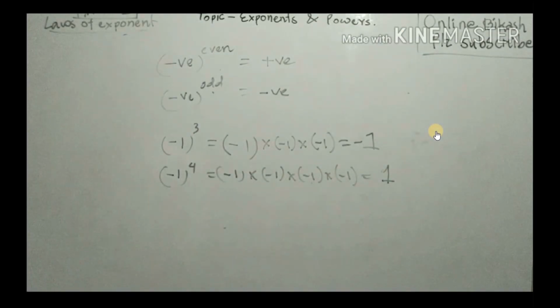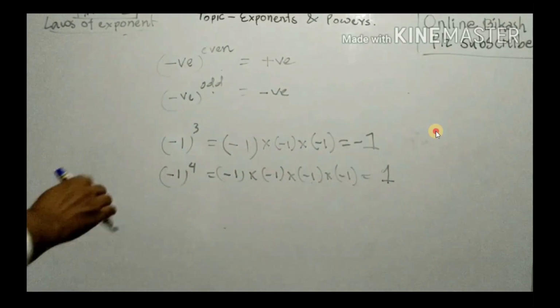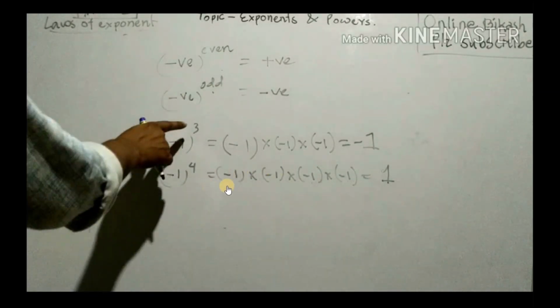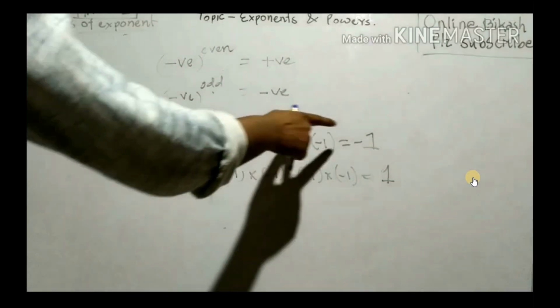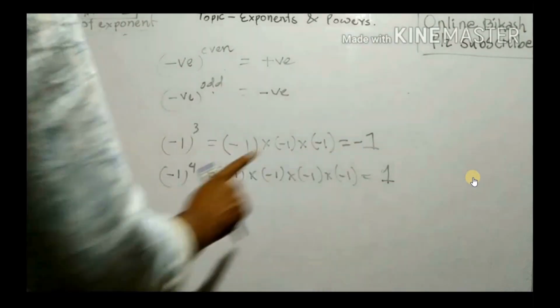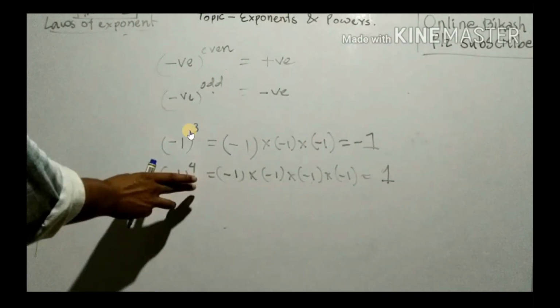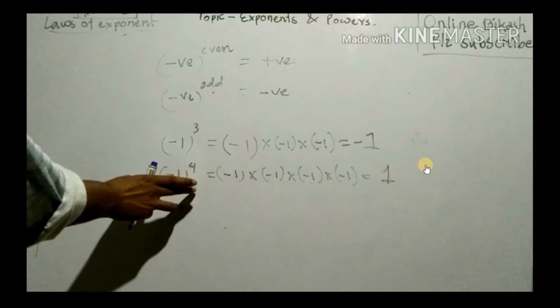Because how many times are the negative signs here? 4 times. So minus 1 into minus 1 into minus 1 into minus 1. Minus and minus will be plus, plus and minus will be minus, minus and minus will be plus. So this is plus 1. Whenever the negative base has an odd power, we get negative 1, and when the power is even, we get positive 1.